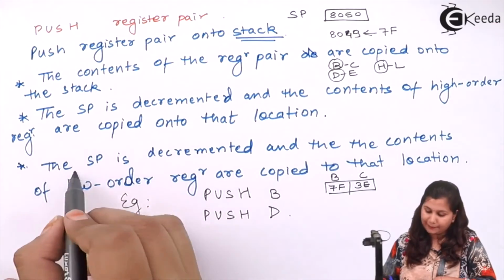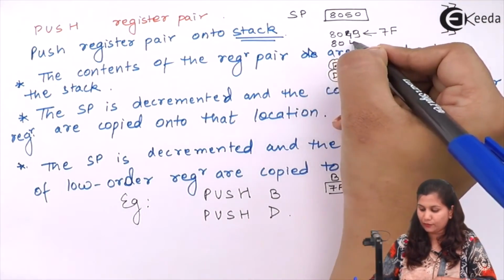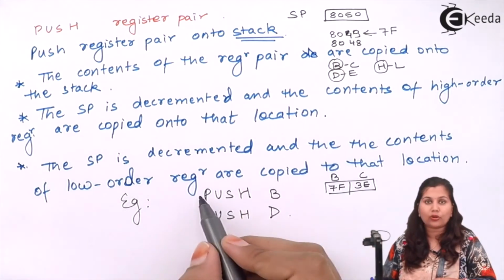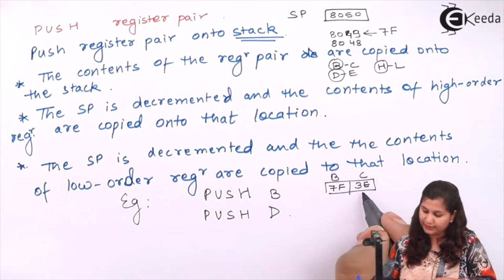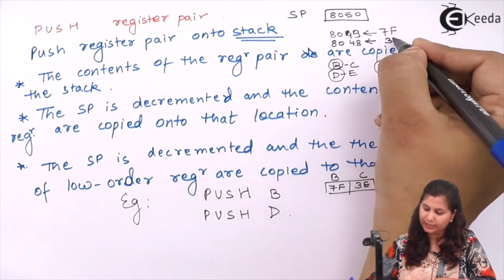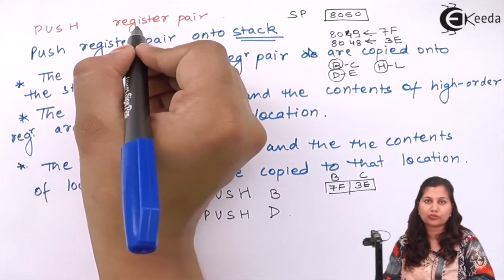Then the stack pointer is again decremented, so we will have 8048. And the contents of the lower order register are copied to that location. In C we have 3E, so 3E will be copied to 8048. This is how the push instruction works.